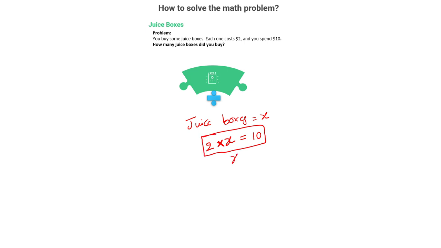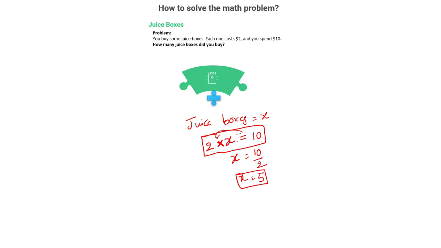If anything is multiplied before the equal sign, and it goes from the left side to the right side of the equation, the multiplication becomes division, and if a denominator goes from the left side to the right side, it becomes multiplication. So x becomes 10 by 2 and then x equals 5.